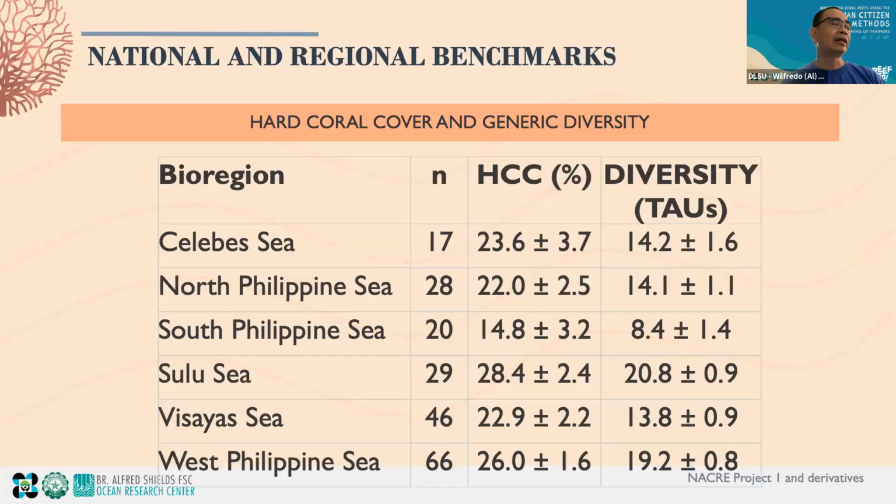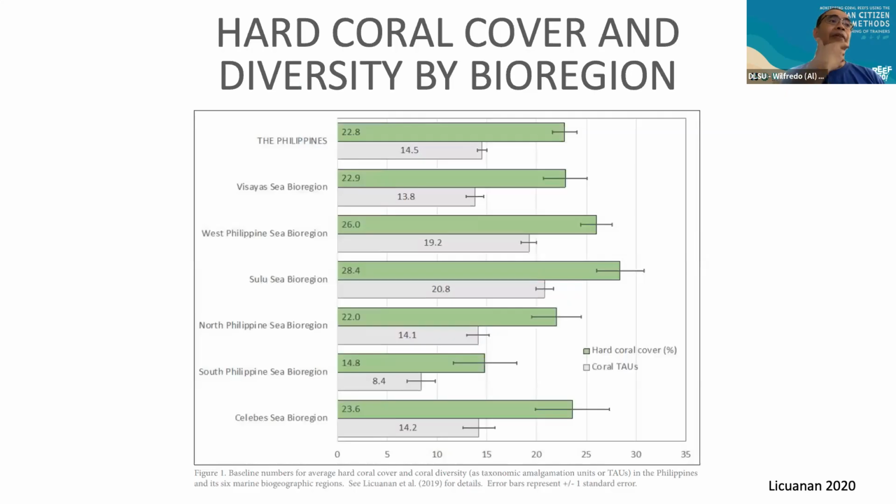Okay, so these are more useful because they allow you to explain your results to, for example, the local mayor or your regional executive director or your protected area superintendent.